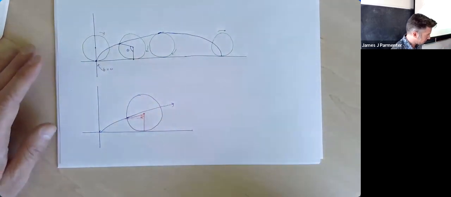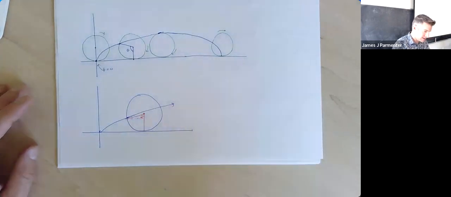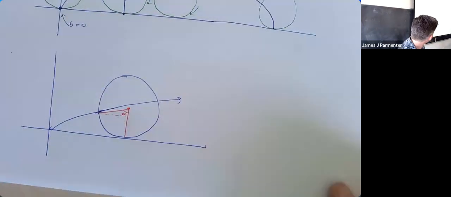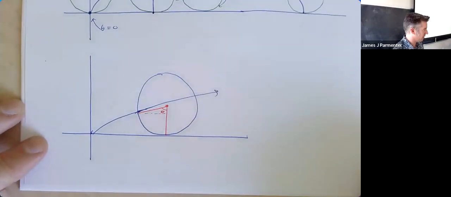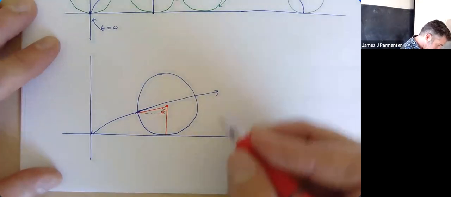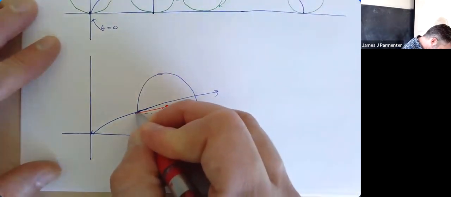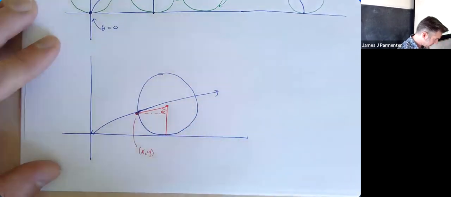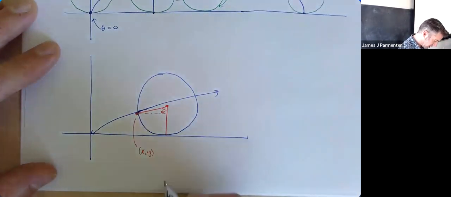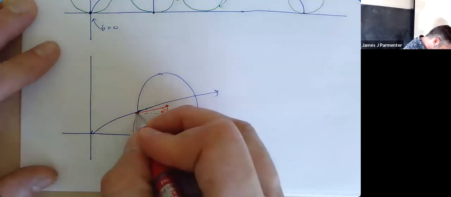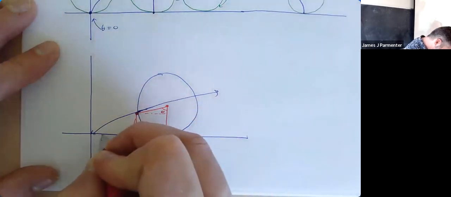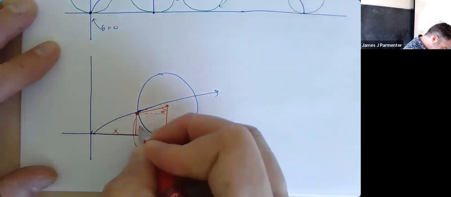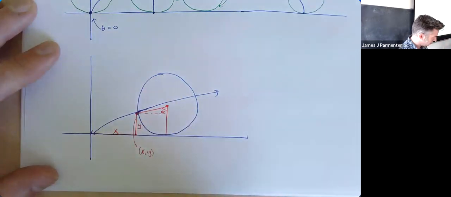Let's label a few things. So let's zoom in. Great. We want to figure out what that point is right there, so that's x comma y. If we drop a perpendicular here, there's x, there's y.